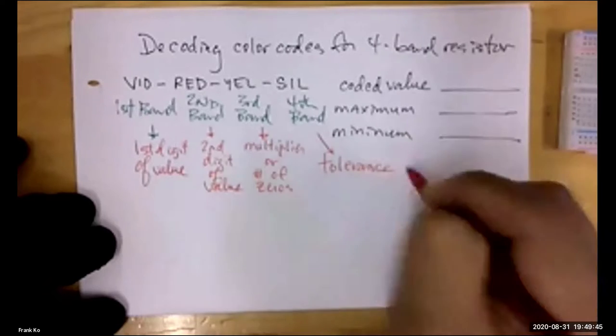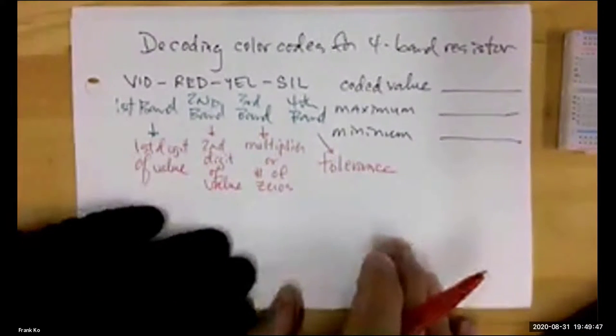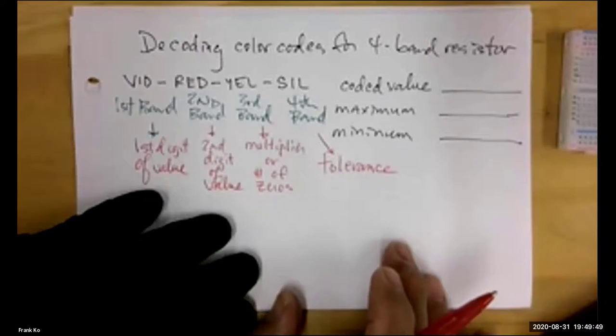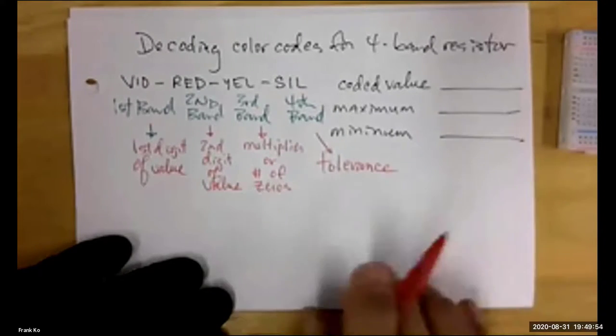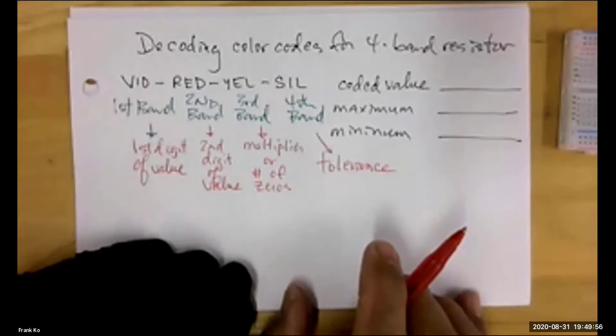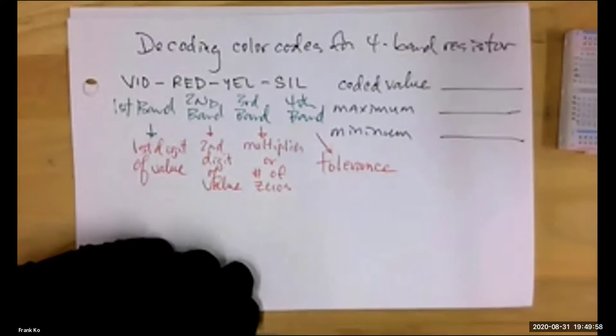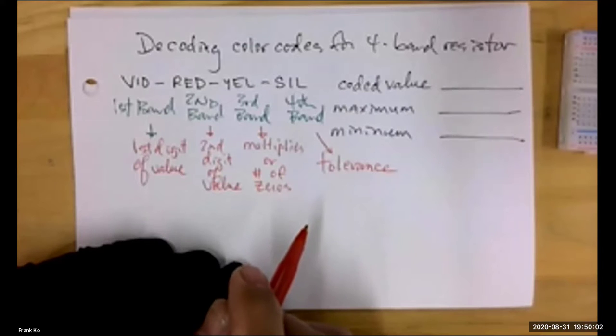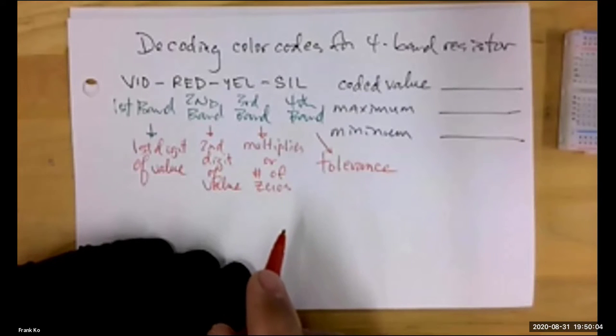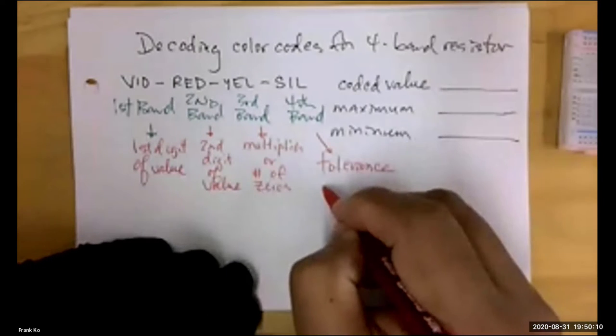T-O-L-E-R-A-N-C-E, tolerance. And the meaning of the word tolerance, Wei Ji? How would you describe tolerance to the middle school cousin that just walked in for resistors? It means what to us? Difference to want to make to the system. Yes, it would be the difference.